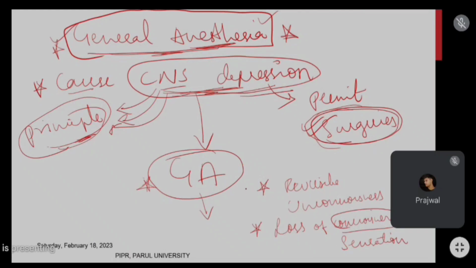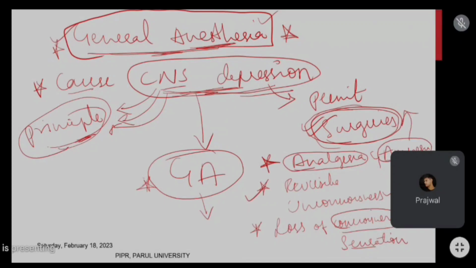Second, the patient will have loss of sensation. Third, the patient will have analgesia, loss of pain, and amnesia, loss of memory.